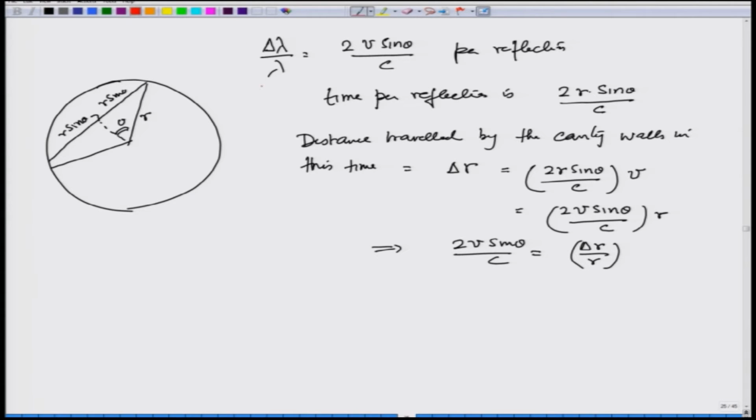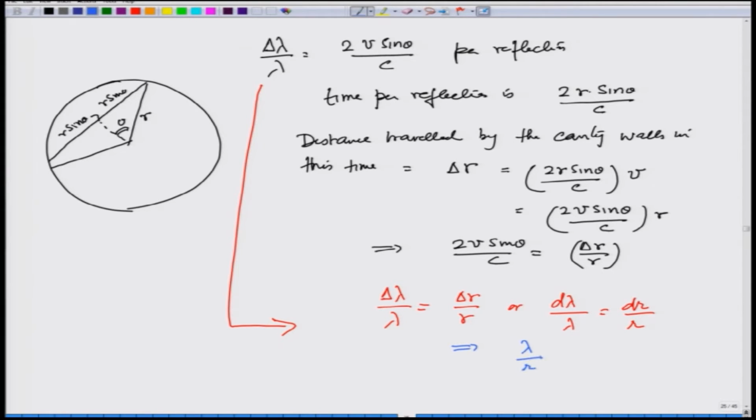Now, I will substitute this in this formula and get delta lambda over lambda is equal to delta r over r, or d lambda over lambda equals dr over r, and this immediately gives you that lambda over r is a constant.